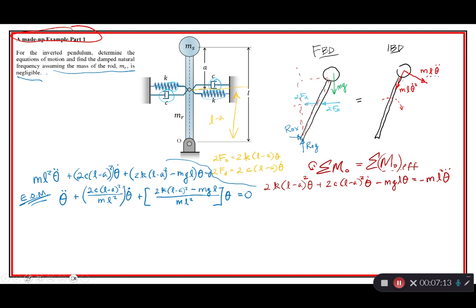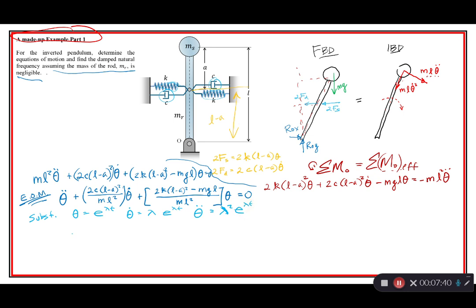Now what we'll do, as we did in a previous and many others, we're going to substitute our theta equal to e to the lambda t. We'll say that's the characteristic equation. Theta dot is equal to lambda e to the lambda t. Theta double dot is equal to lambda squared times e to the lambda t.